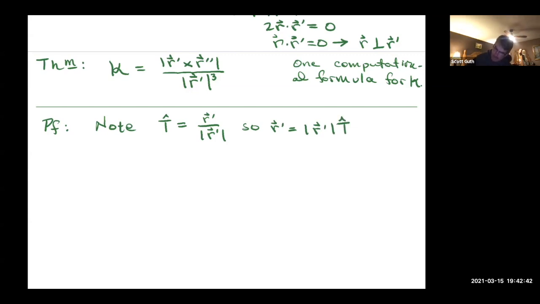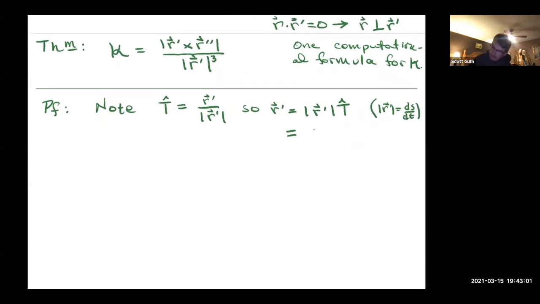Now, just to remind you, we said previously that the magnitude of r prime is also the derivative of arc length, which is just speed. So I want to write this as ds over dt times T hat.